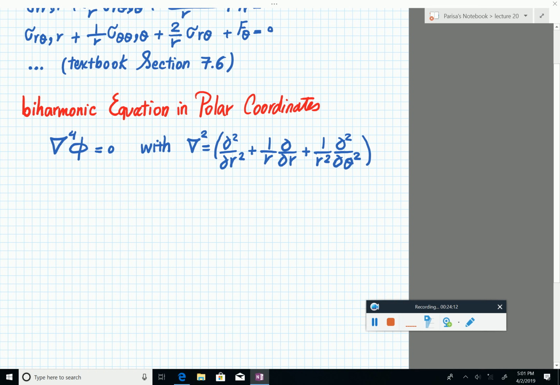If you download your memory here, you should remember doing a homework where we looked at the del operator in polar coordinates. Does anything come back? Yeah, that's good.